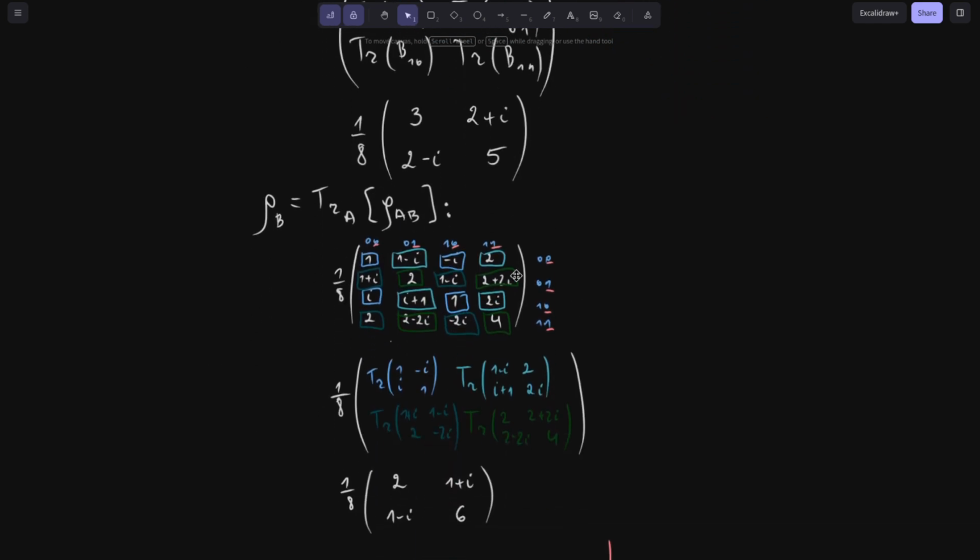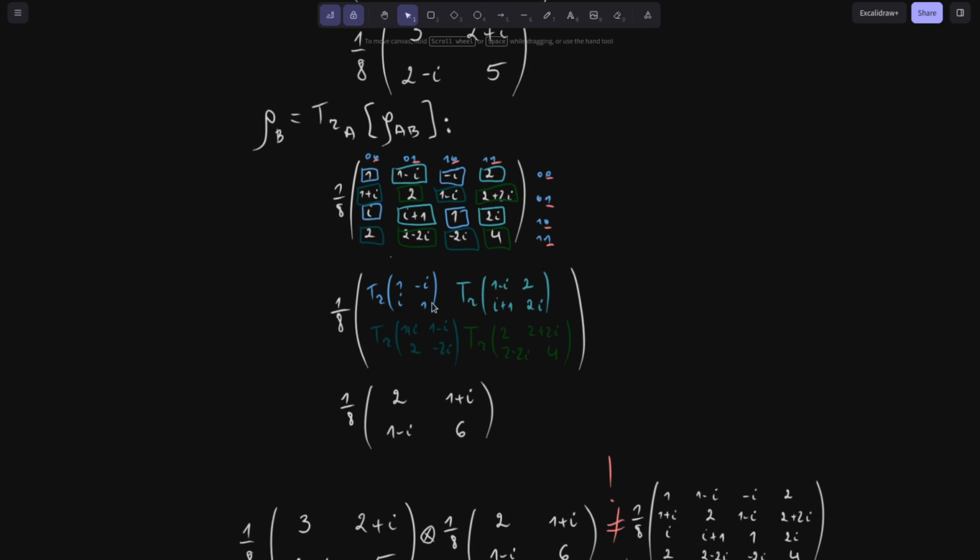We do the same here, but now it's a little bit difficult to visualize because we're switching between the rows. We get again zeros, then zeros here. You can see by the colors it's again a combination, but now on the second number, and we again calculate traces of these things, and we get our state ρ_B.